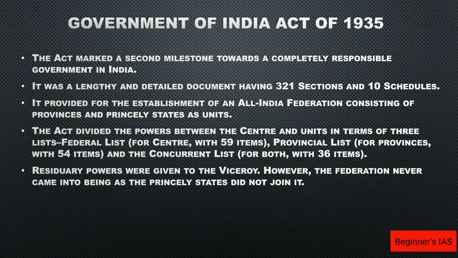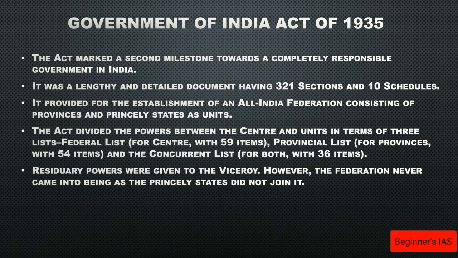And also, this act came into effect in 1937. This provincial autonomy was discontinued in 1939. Here, this is important. It provided for the first time adoption of diarchy at the center, whereas in 1919 diarchy was introduced for the provinces.